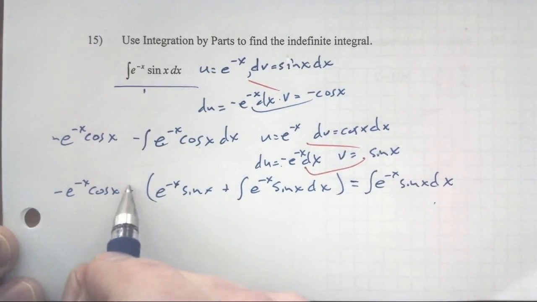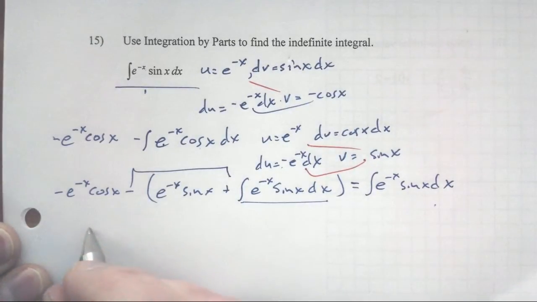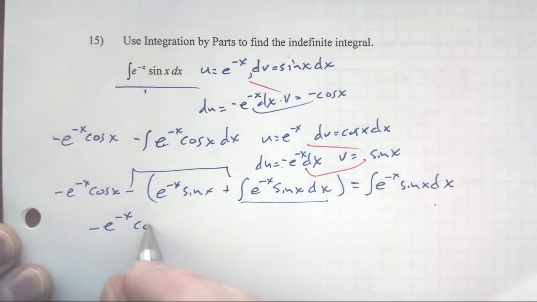And I notice here I have a minus the same thing, so I'm going to add that to the other side. Negative e to the negative x cosine of x.